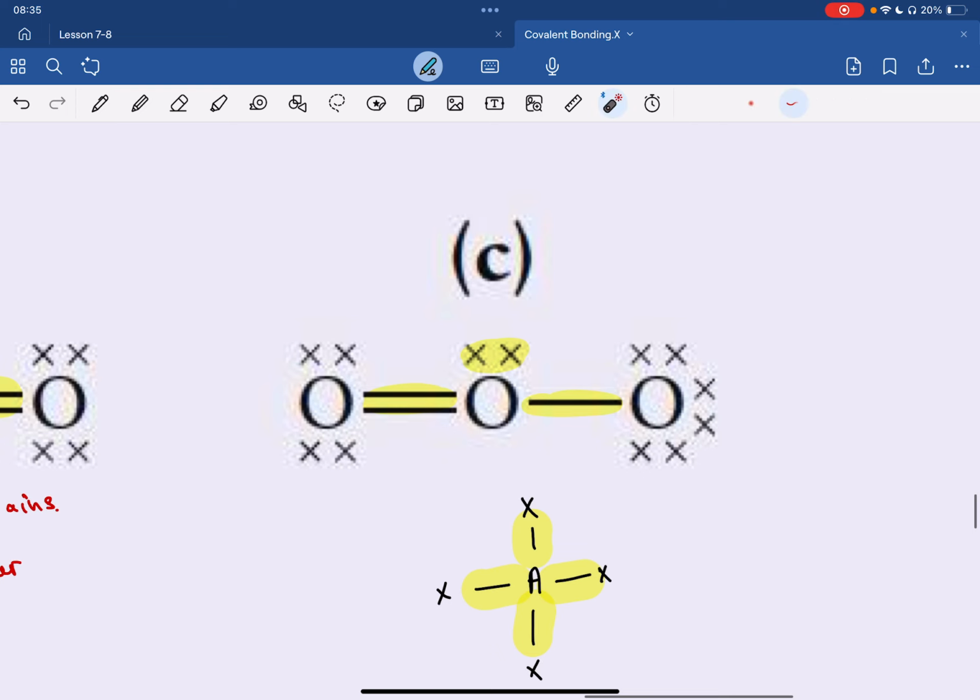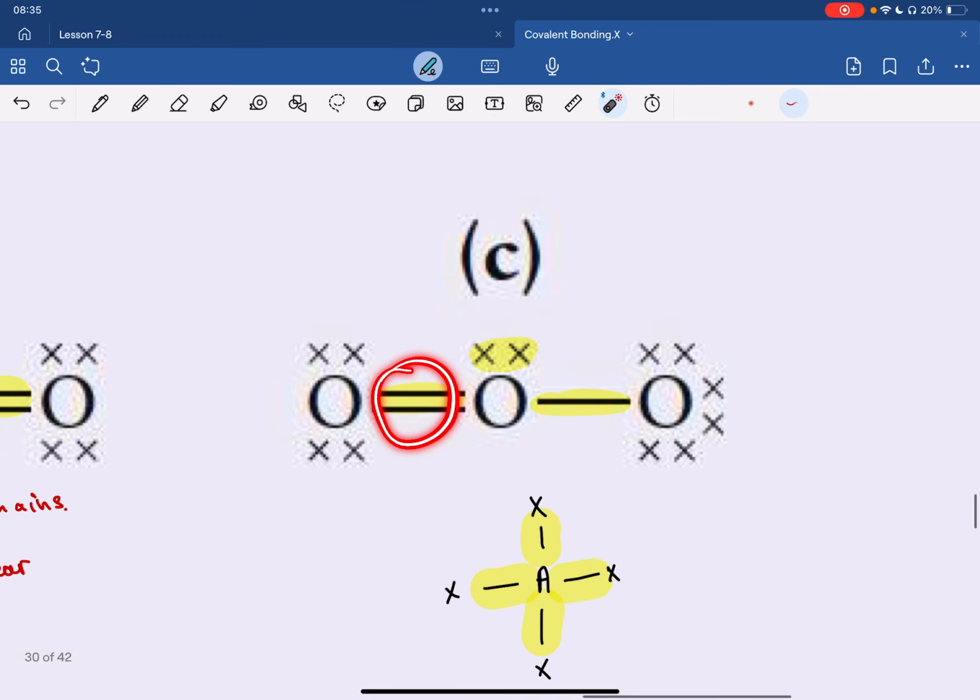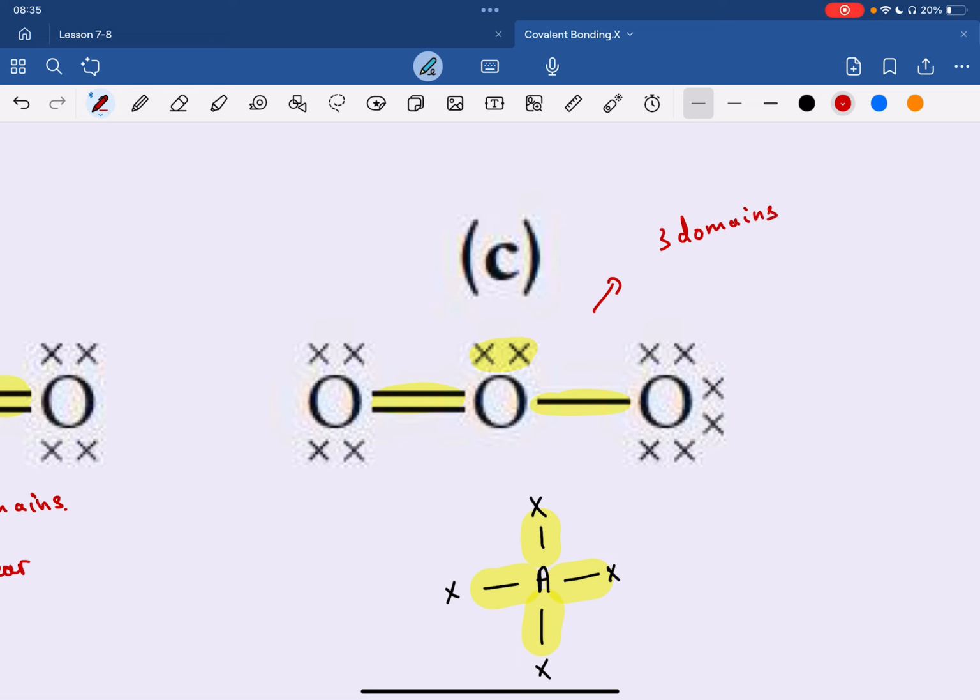Let's check this one. The central oxygen is this one, and we have non-bonding electrons. So what will happen? We have one domain, two domains, and three domains. Whenever we have three domains, it's called trigonal electron domain.